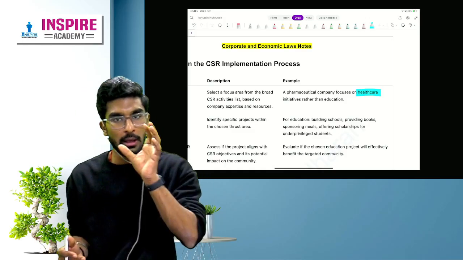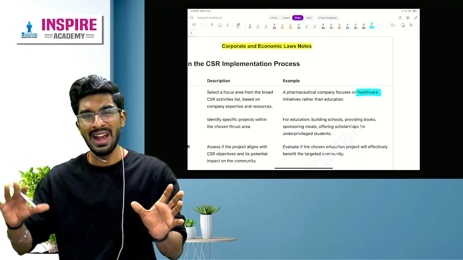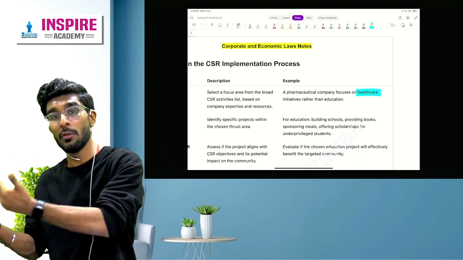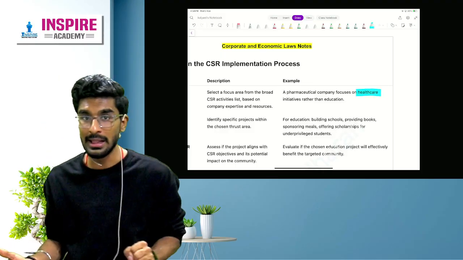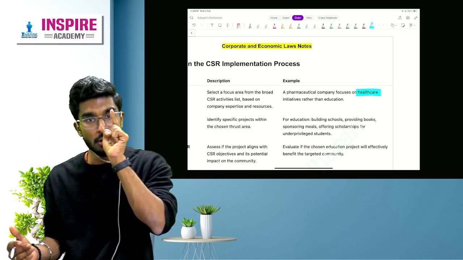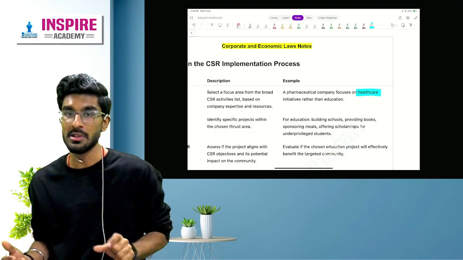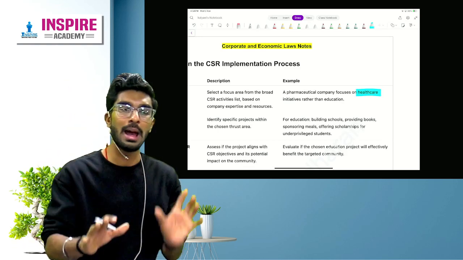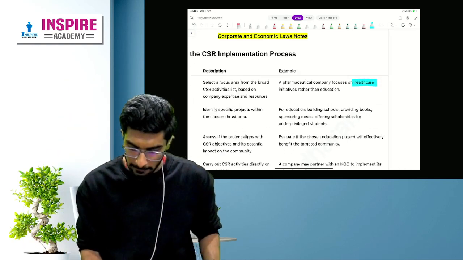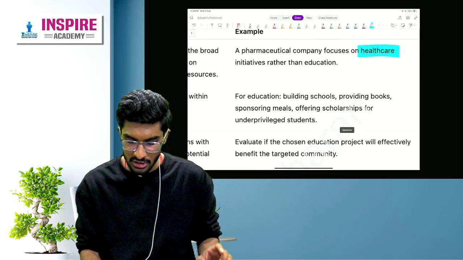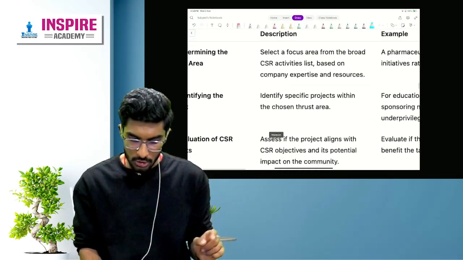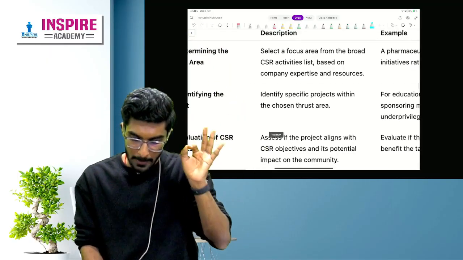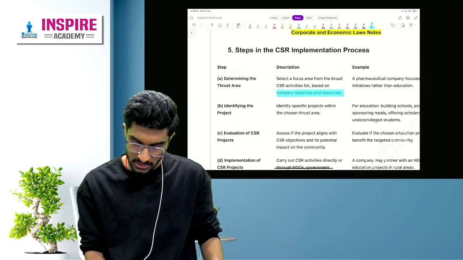Can you add value to the education sector? No, because you don't have knowledge in education. You have knowledge about healthcare, being a pharmaceutical company, so you should focus on healthcare only. A pharmaceutical company focuses on healthcare initiatives rather than education. So select a focus area from the broad CSR activity list based on the company's expertise and resources.